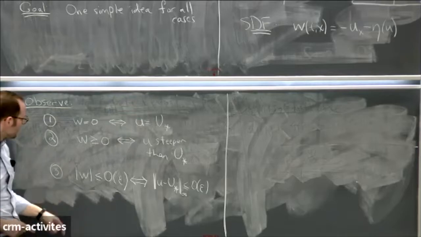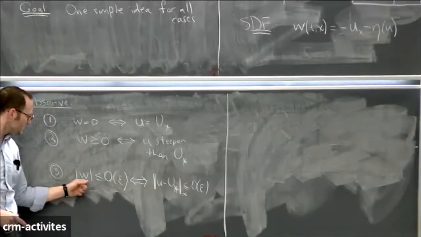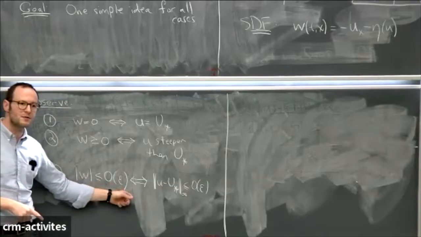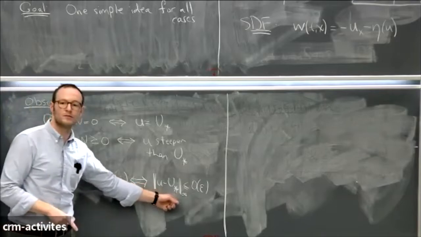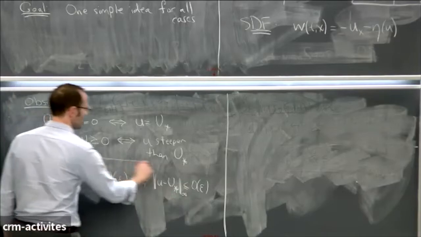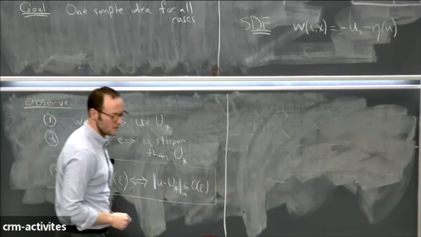So that's basically what's happening here. I'm saying if I match up my traveling wave and my function at say the 1/2 level set, and they satisfy almost the same ODE, then they'll always stay really close. And this is going to be the key fact that I'm going to use over and over again in the talk.